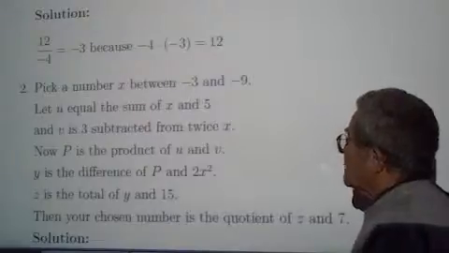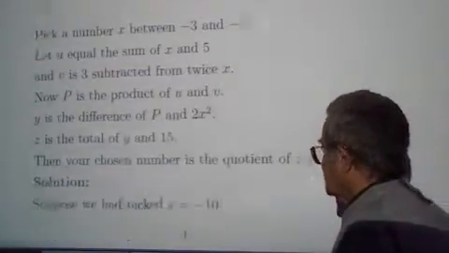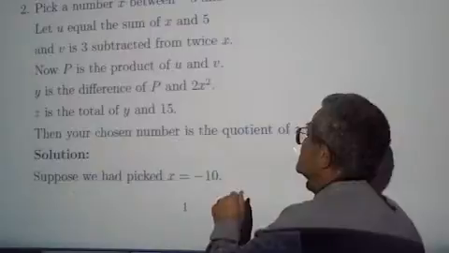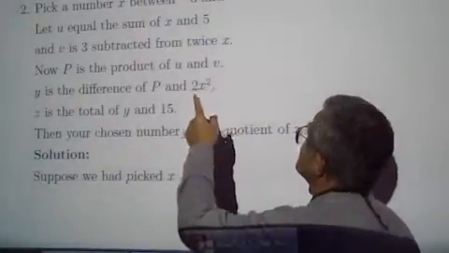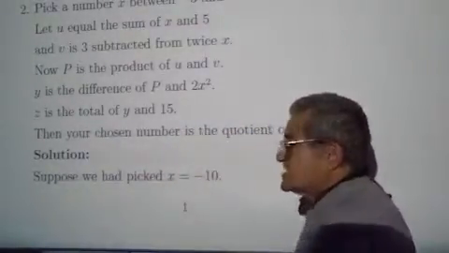Well, let's pick a number and go through that. Suppose you pick the number negative 10, which is not what I wanted you to do, I think, but I'll use this as an example.